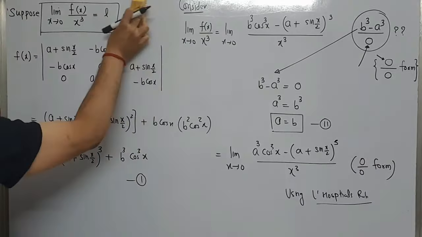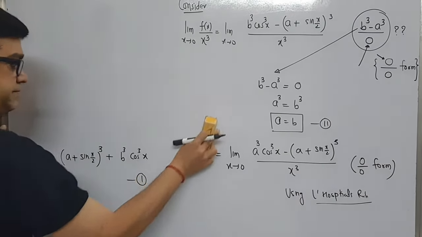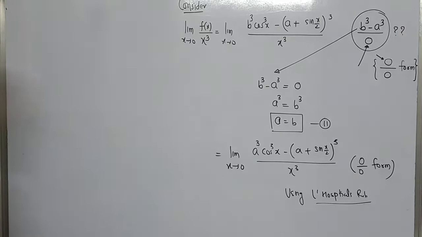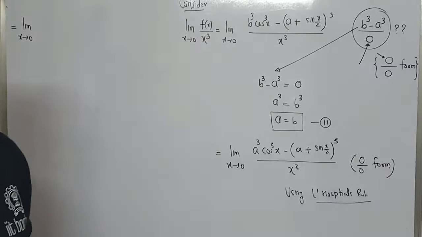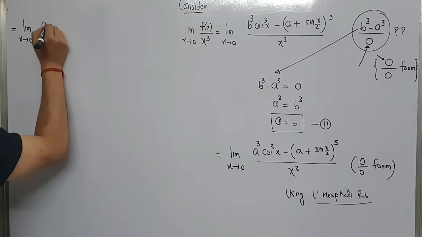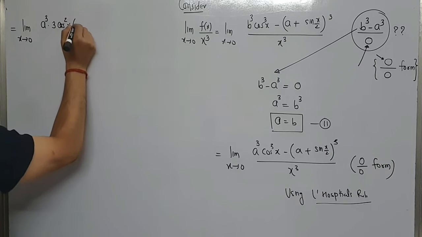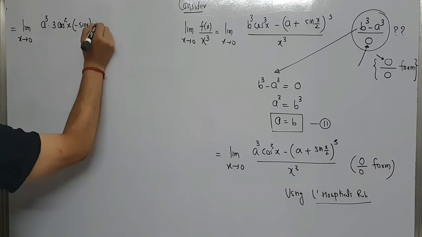So what we do is we differentiate the numerator and we differentiate the denominator. So here I'll make a space and write the next step. Alright, so I'll write the derivative of the numerator. So a cube constant, cos cube derivative will be 3 cos square x into minus sine x.